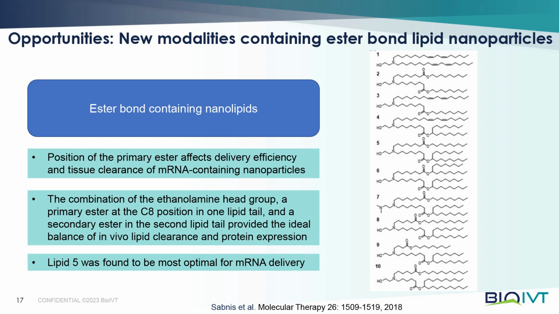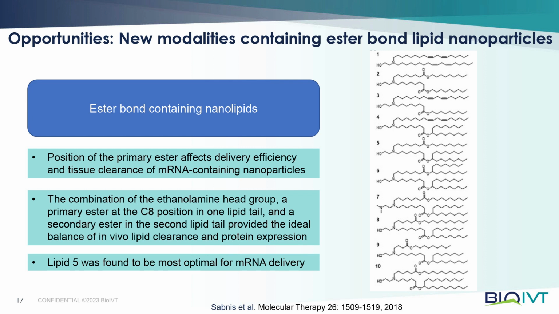So this is actually from a Moderna paper, and Moderna actually kind of made their name with lipid nanoparticles even prior to COVID, when they used their lipid nanoparticle technology for that vaccine. And what they've been looking at is the combination of this ethanolamine head group and then 2 different lipid chains, putting a primary ester at the C8 position and then having a secondary ester in the second tail.